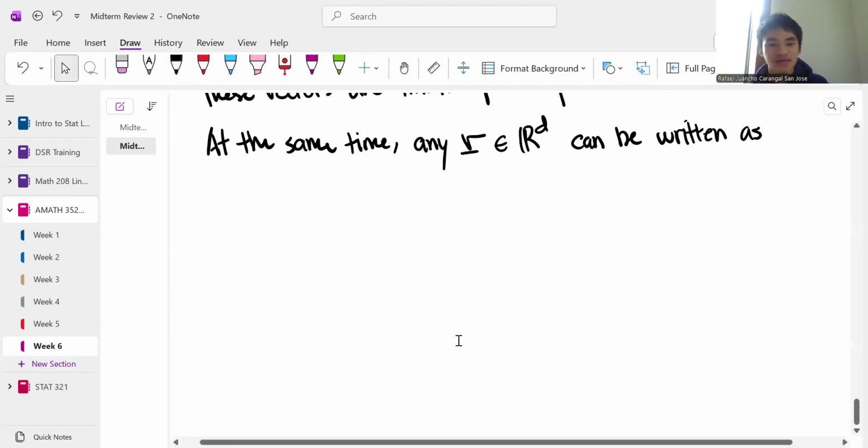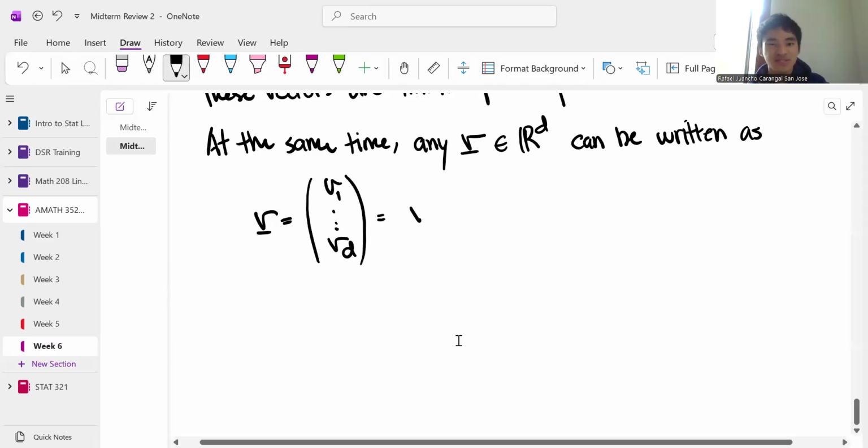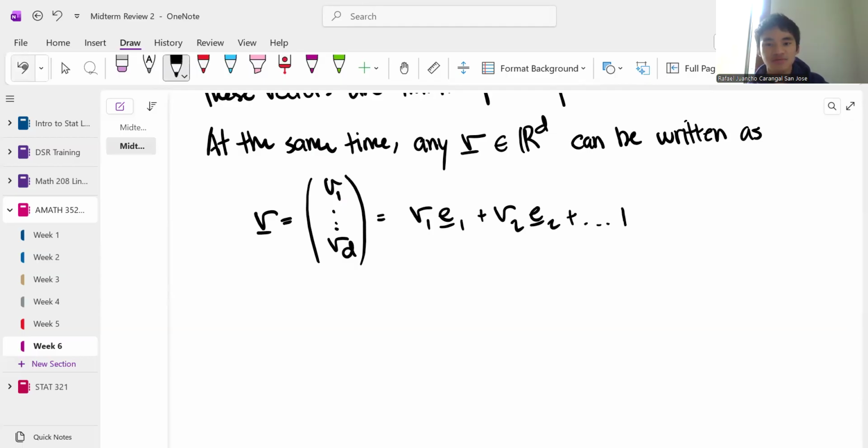We have v with components v sub 1 to v sub d, which is the same thing as v1 times e to the 1, v2 times e to the 2, and we keep going to vd times e to the d.